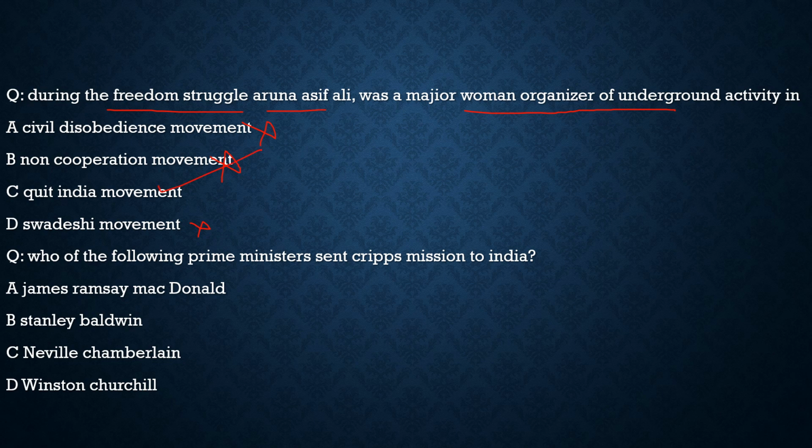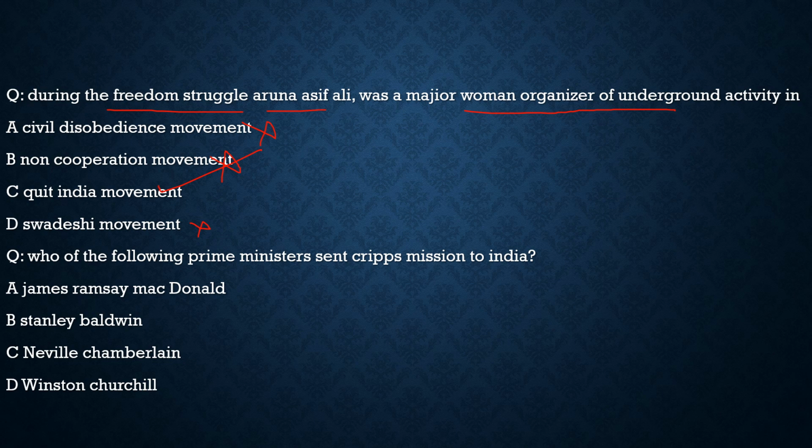Whenever you see this phrase, organizer of underground activity, you would definitely get one thing in your mind, that it is related to post 1940. It is definitely related to the Quit India movement. So this is one thing you should keep in mind.